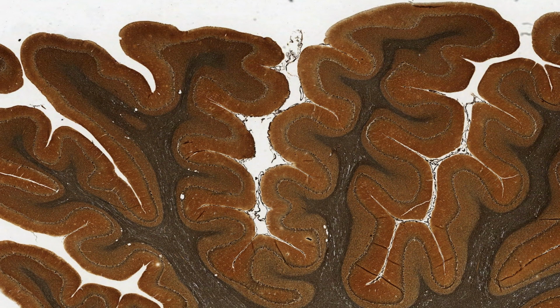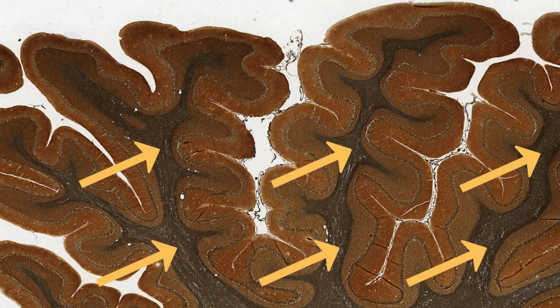This image is of the cerebellum and stained using a silver staining method used for the visualization of nerve fibers, including the multipolar interneurons in the cerebellum. The outer part, the cortex of the cerebellum, and also the cerebrum is comprised of grey matter arranged in layers with the white matter underneath.